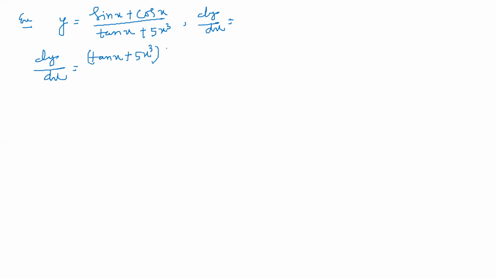Then I will go for the derivative d by dx of sin x plus cos x. Minus, I will keep sin x plus cos x fixed, that is u fixed.